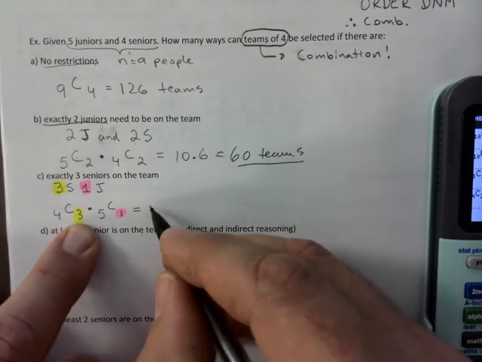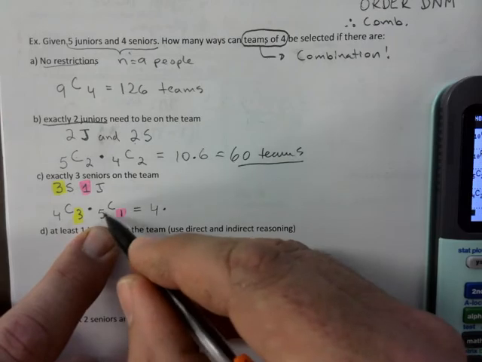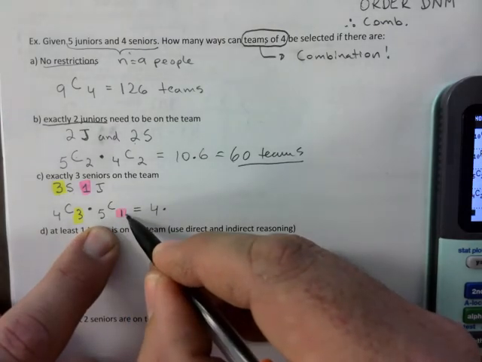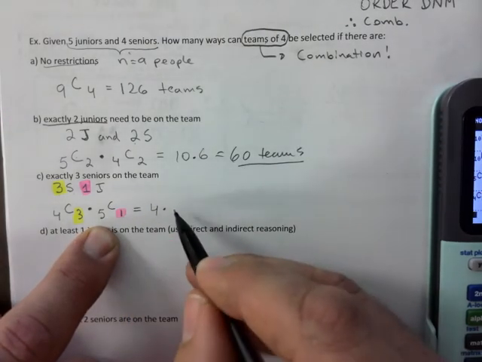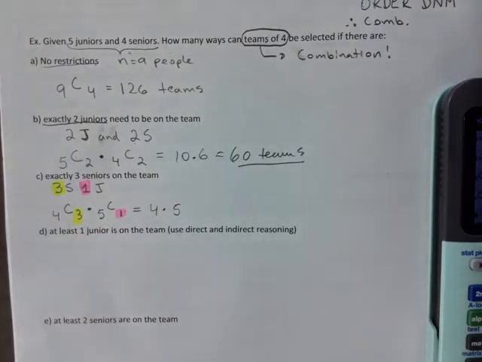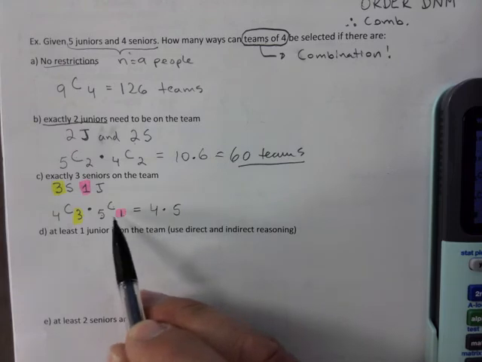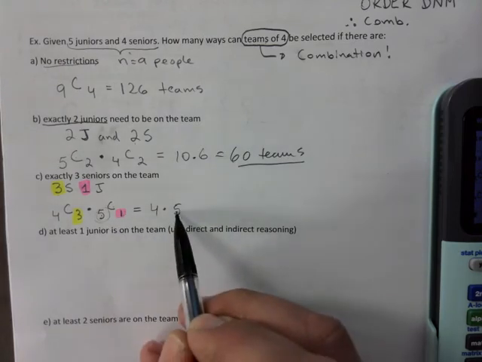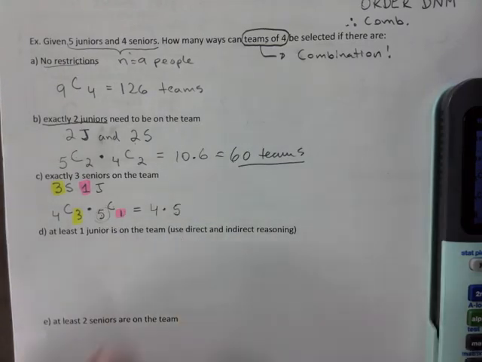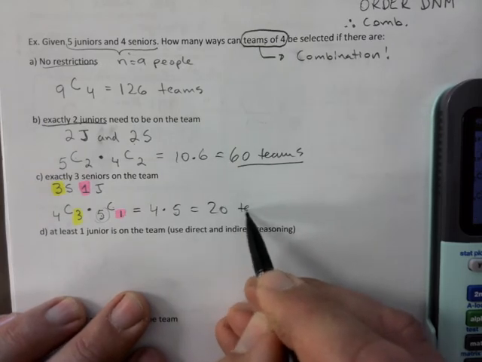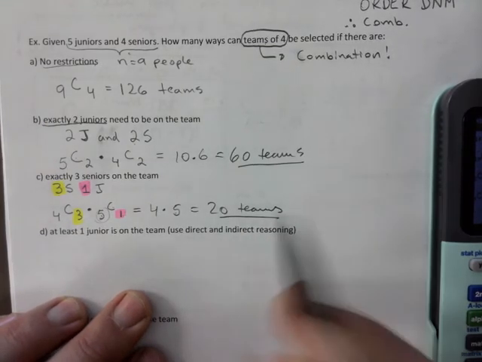N minus 1, that's just 4. And what's 5 choose 1? That's the cheat that I gave you. It's actually 5. If it's any number choose 1, it's always that number. If you remember that one, it's going to save you a lot of grief. So that's 20 teams.